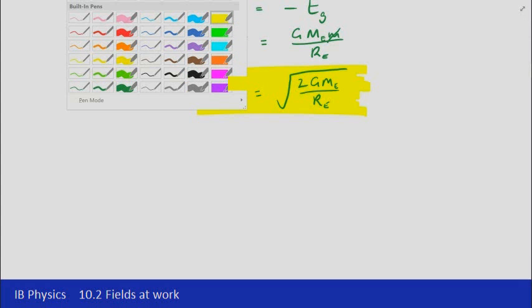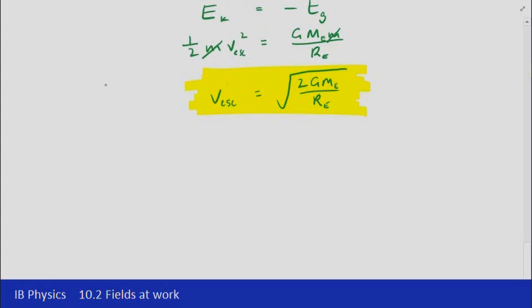A point to note here too, though, is that in this scenario we're really talking about an unpowered probe or object. What I mean by unpowered is that it doesn't have any continued thrust acting on it.